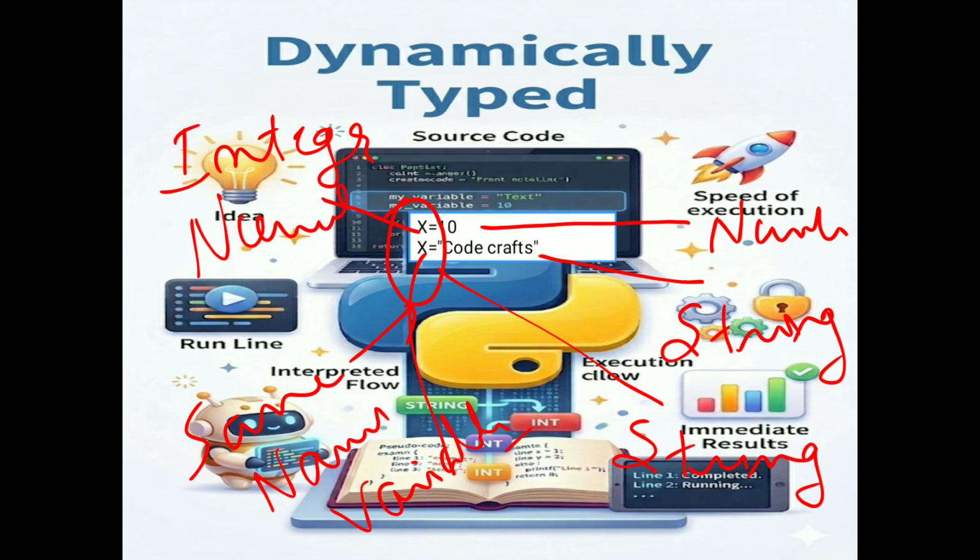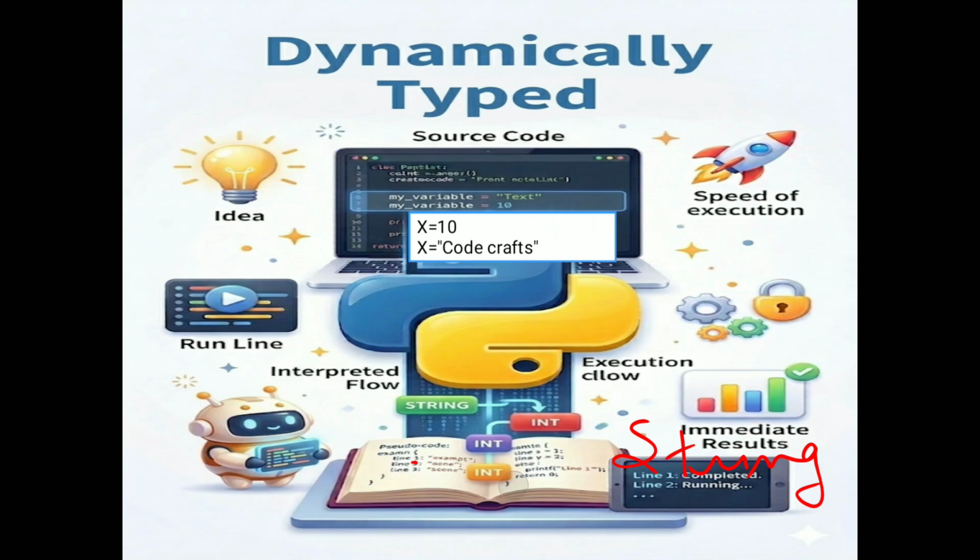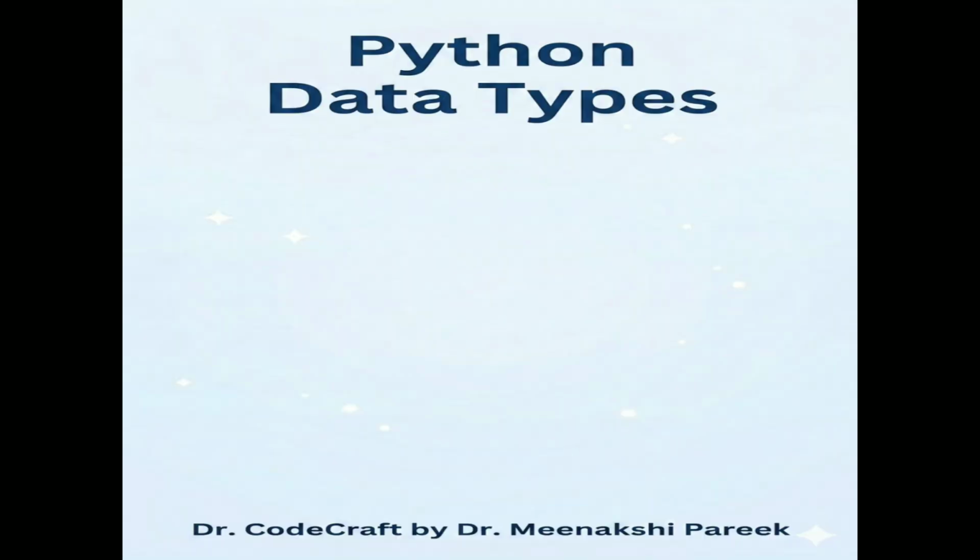So in this example the same variable name is used to store different types of values. This shows that Python is a dynamically typed language.